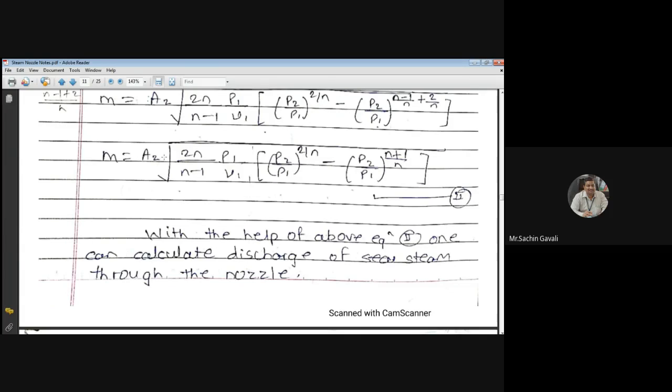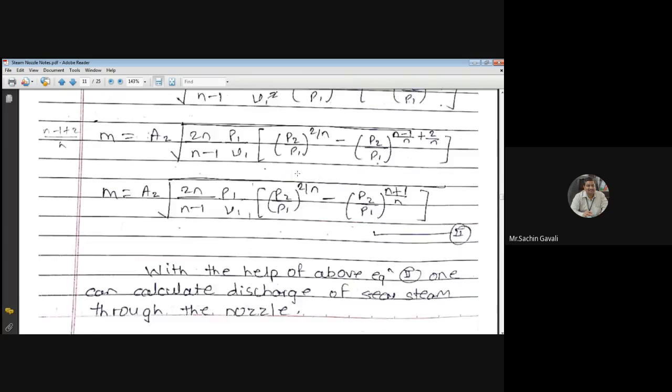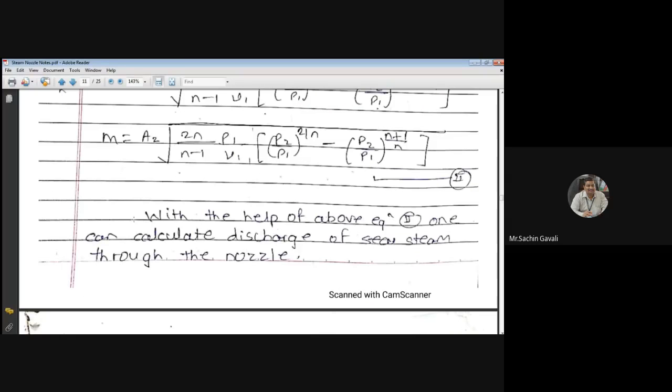A2 multiplied by the square root of 2n upon n minus 1 P1 upon V1 into bracket P2 upon P1 raised to 2 upon n minus P2 upon P1 raised to n plus 1 upon n. And this equation depends on which quantity? Now this m is a variable quantity, and it depends on a number of variables.